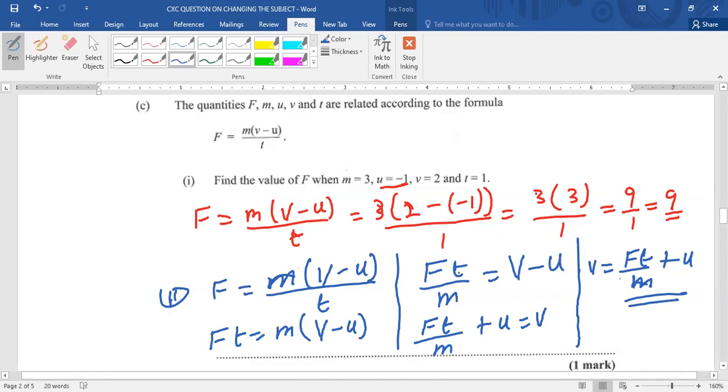The opposite of multiply is divide. So I say FT over M is equal to V minus U. Then we get rid of the negative U. If it's negative, you count positive. So it'll be FT over M plus U is equal to V. So V is equal to FT over M plus U. Any question?